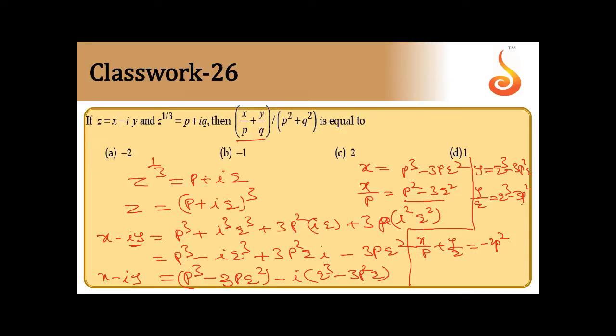Divided by q means q square comes here. Adding minus 3q square plus minus 2q square comes. So minus 2 common, p square plus q square. Divide both sides by p square plus q square, you will get minus 2. Yes, Sankalp. Very good.